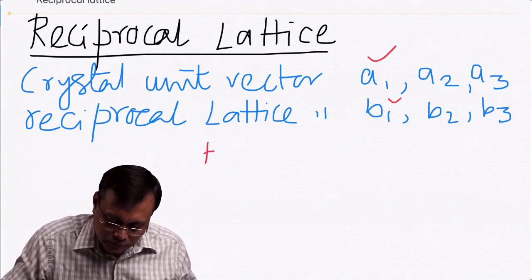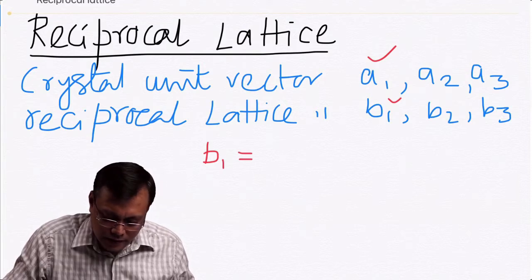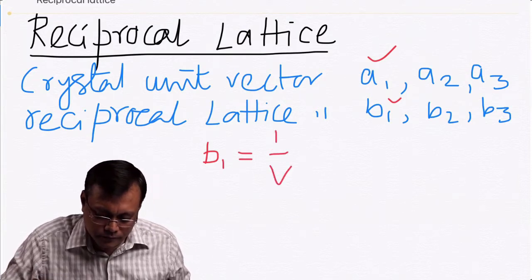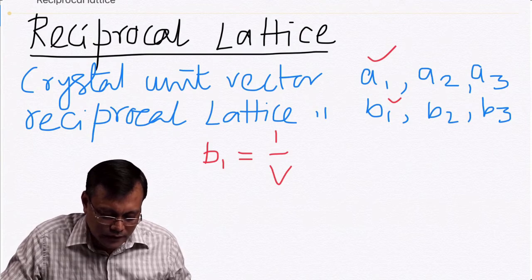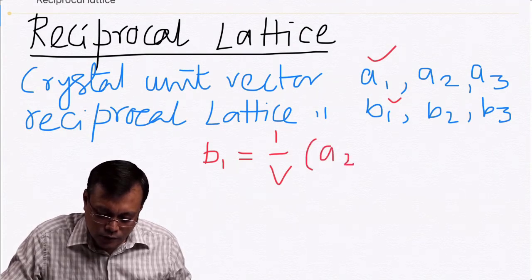So, B1 is equal to 1 by V, where V is the volume of the unit cell, into A2 cross A3.